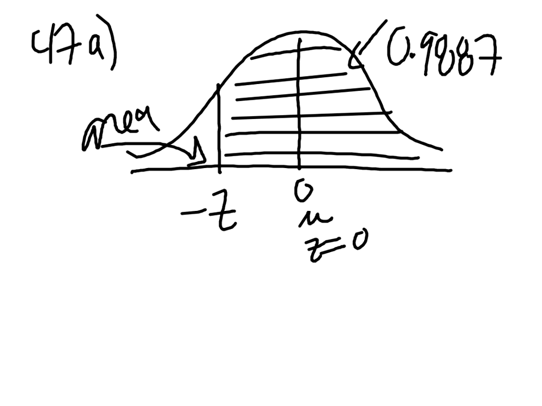So what we're going to do is take the complement of 0.9887. We're going to go 1 minus 0.9887, and I didn't write it down, so I better do it real quick on my calculator. That gives .0113.